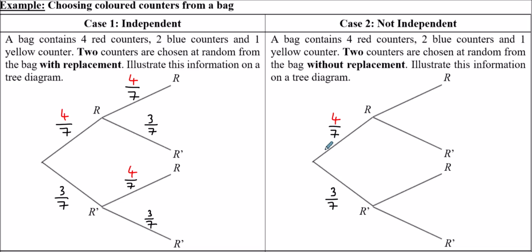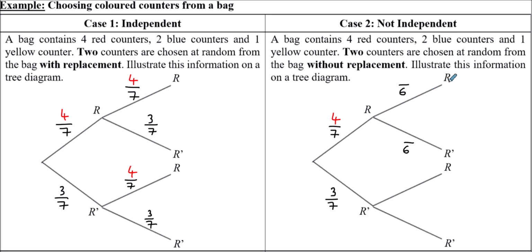Let's have a look at this first scenario here. Imagine we took the upper route and a red one's been picked. It's not been replaced, so after this stage, there's 6 counters left. If the red one was picked and not replaced, that leaves us 3 reds left.